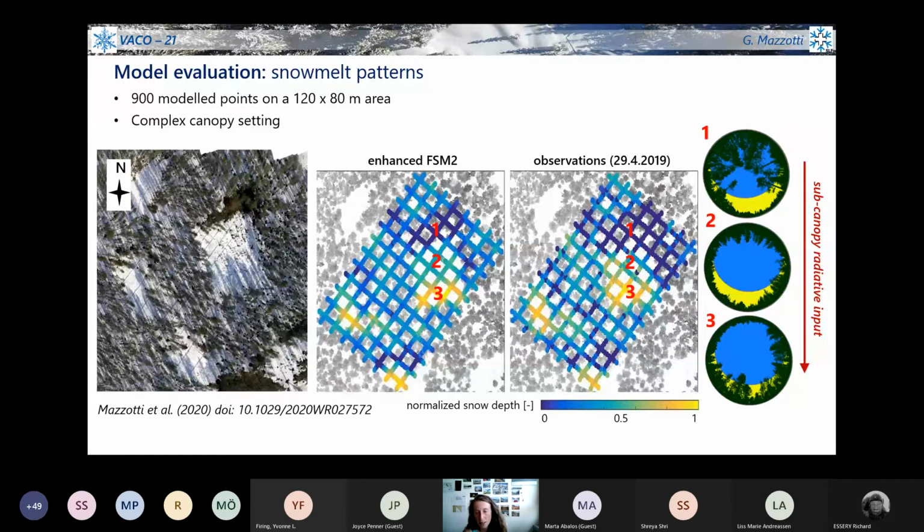Here we're looking at observations and model results over a quite large area of continuous forest with large gaps. You can see that there is a very distinct meltout gradient from north to south across the large gap, and the model captures that well. And the 3 images that I show nearby really explain an increase in subcanopy incoming total radiative energy that is now well captured by the model.